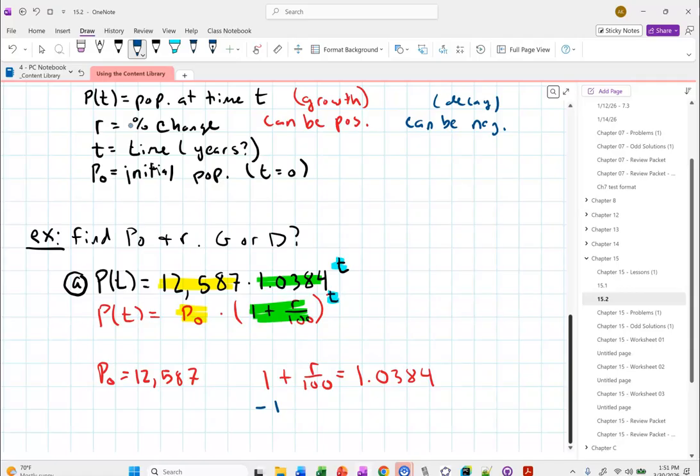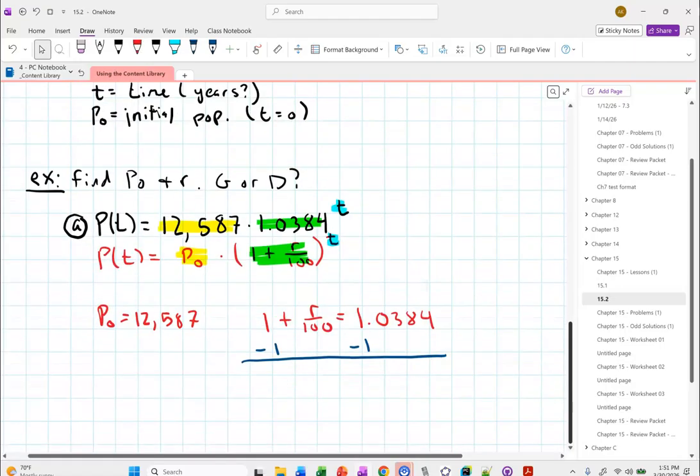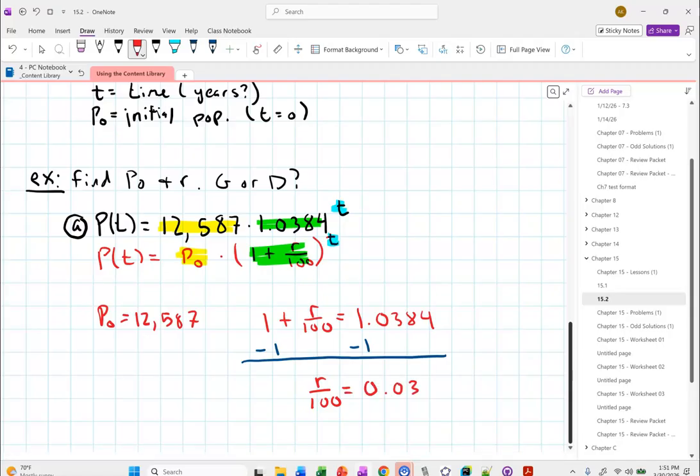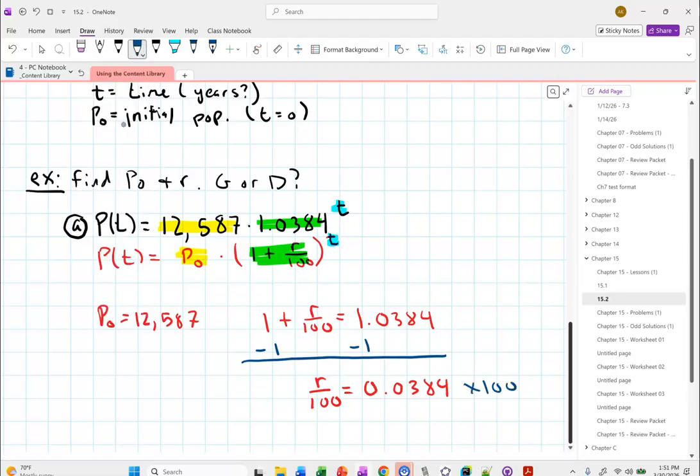If I then subtract 1 from both sides, I get R over 100 is equal to 0.0384. And then I multiply both sides by 100.